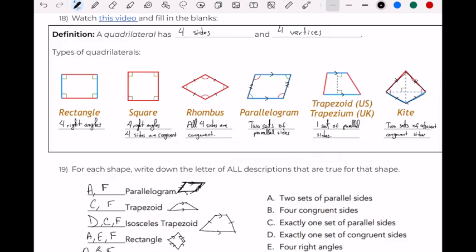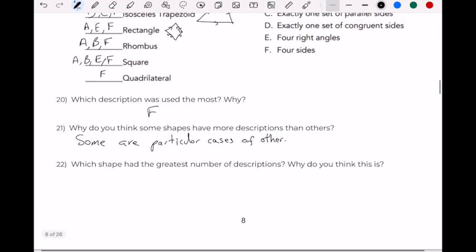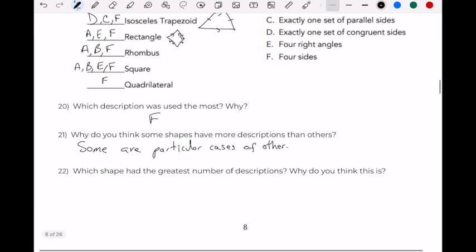For example, a square is a rectangle, but a rectangle that has four congruent sides. A rhombus is a parallelogram, but a parallelogram that has four congruent sides. And a square is also a parallelogram that has four congruent sides and four right angles.